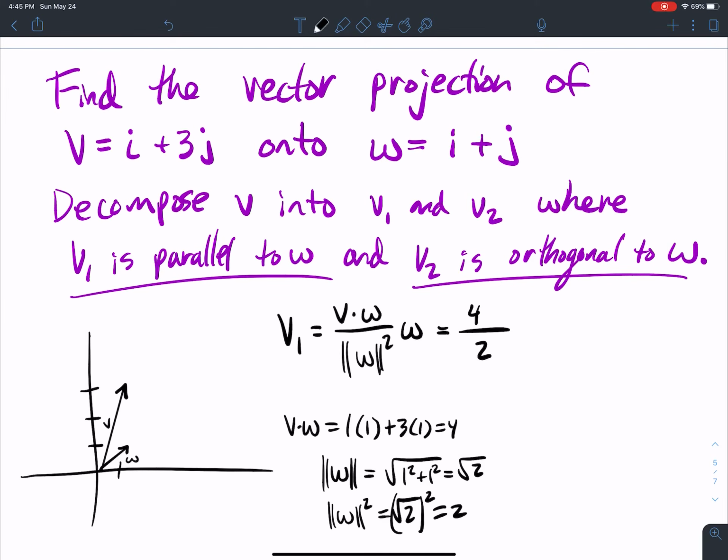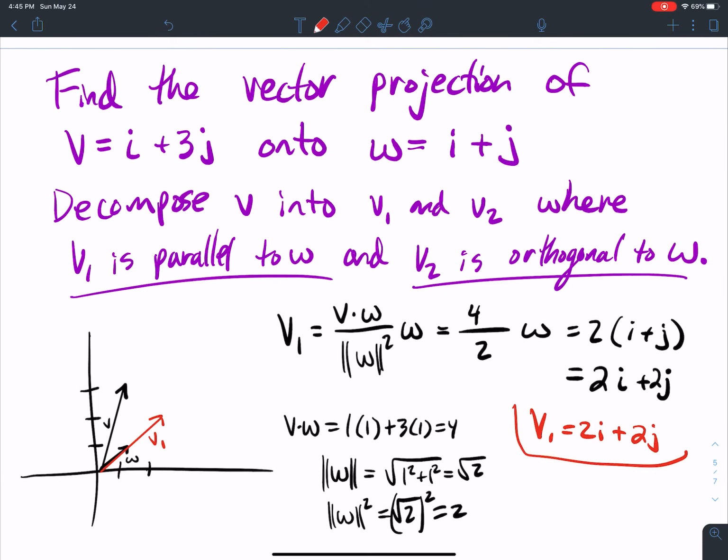So this is times W. So that's 2 times i plus j, which is 2i plus 2j. So V1, I go over 2, up 2. Looks like it's parallel. That's V1, 2i plus 2j.